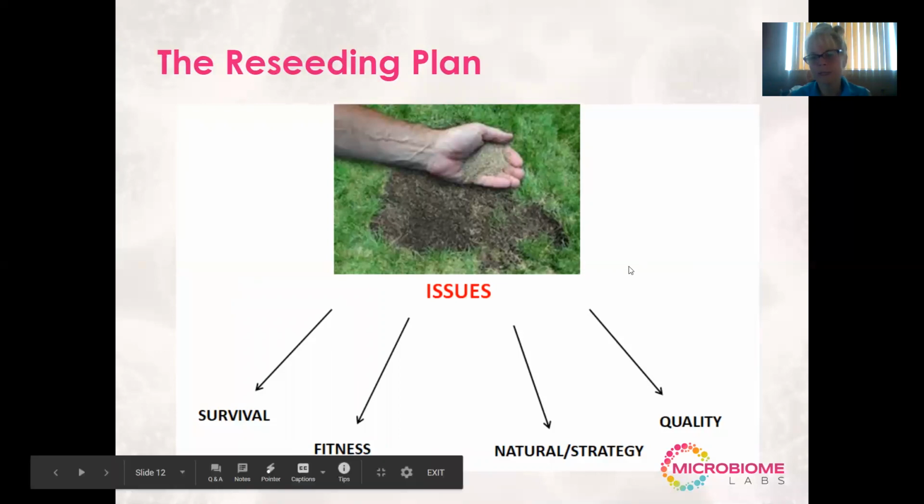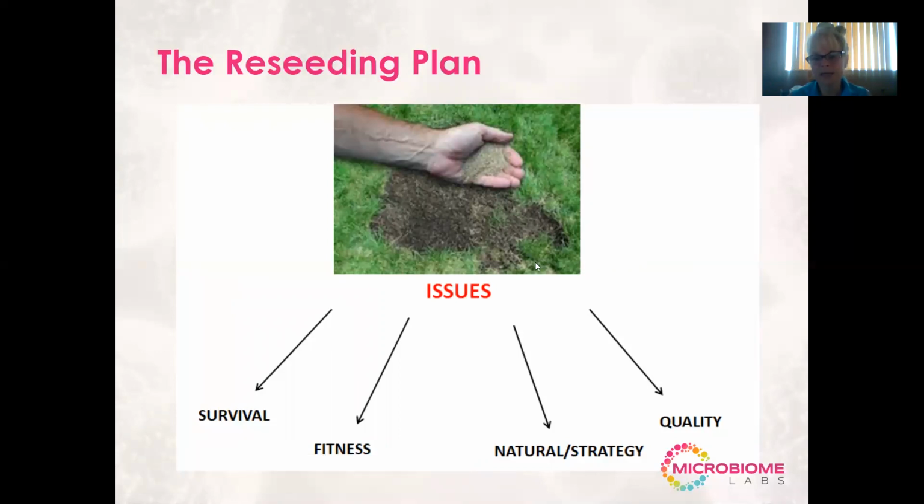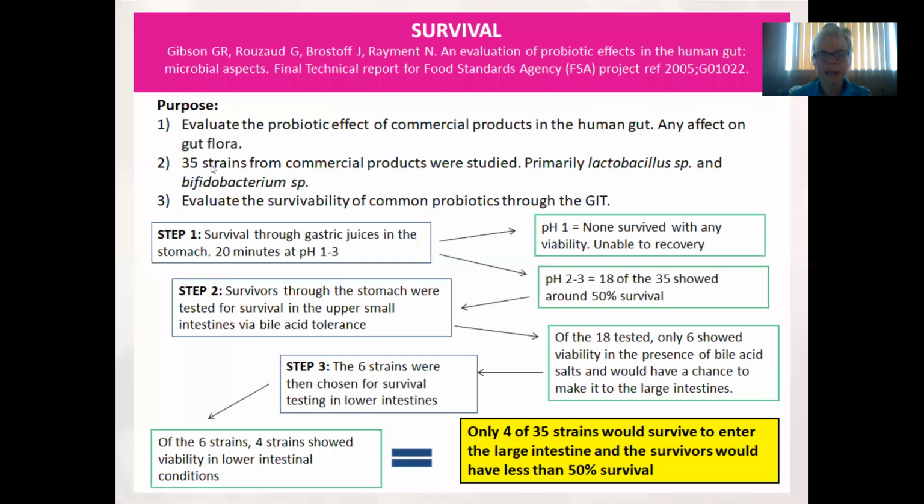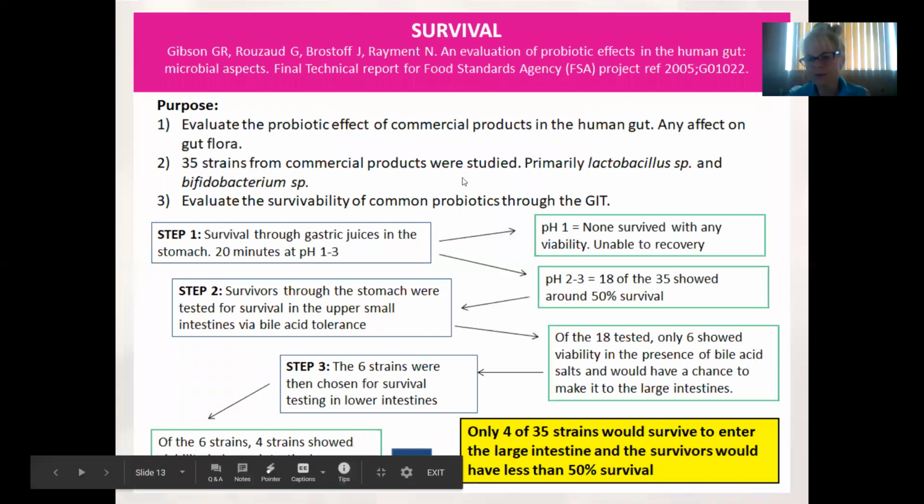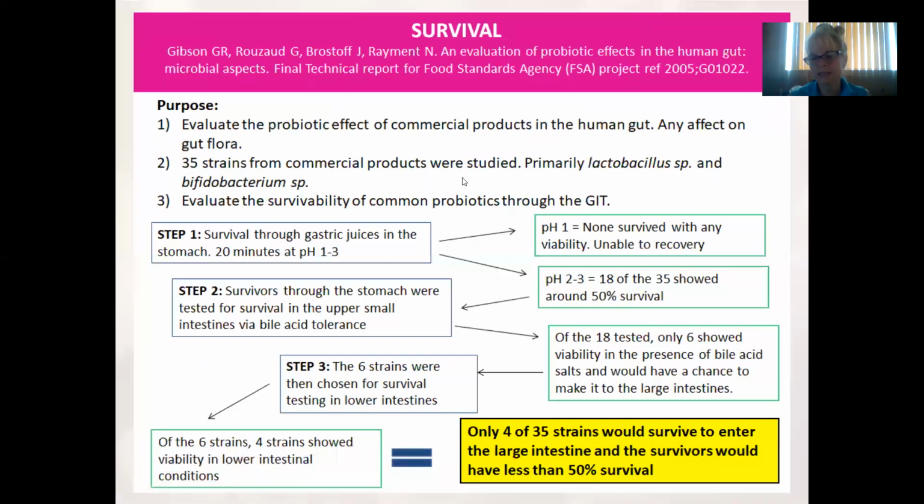And so what studies have been done to assure this? Are these companies doing SHIME studies, the simulated intestinal GI tract studies that really would show what's going on in the gut? And we find out, in a particular study that was done, that only 4 out of 35 strains even survived to enter the large intestine.